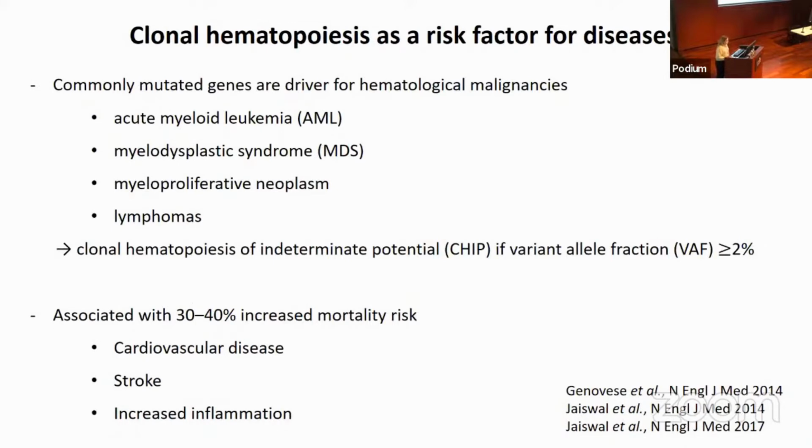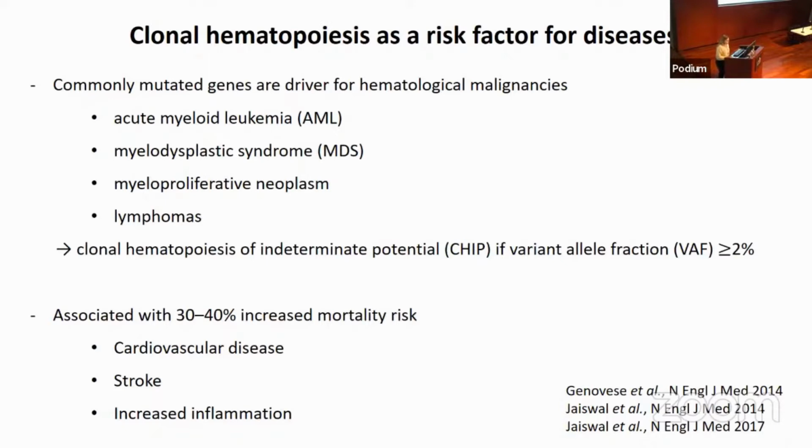Many commonly mutated genes in clonal hematopoiesis are also known drivers for hematological malignancies like acute myeloid leukemia, myelodysplastic syndrome, myeloproliferative neoplasm, or lymphomas. If the threshold for their variant allele frequency surpasses 2%, the risk of developing a hematological malignancy is increased, which is then called clonal hematopoiesis of indeterminate potential, or CHIP.